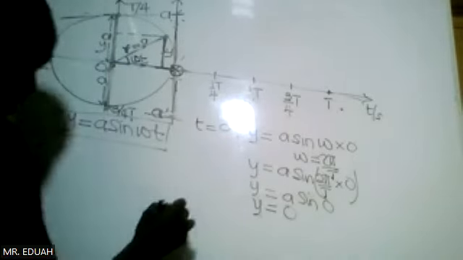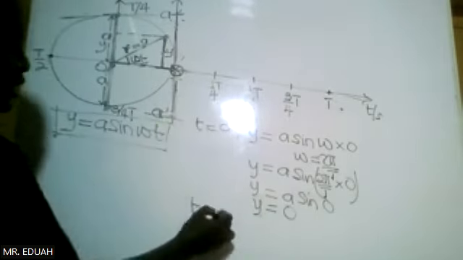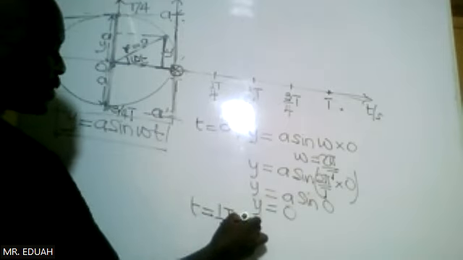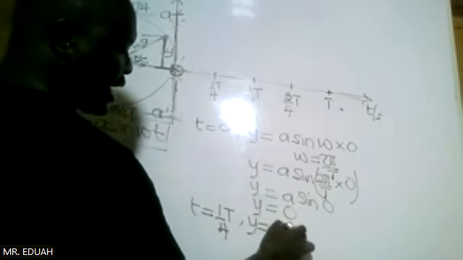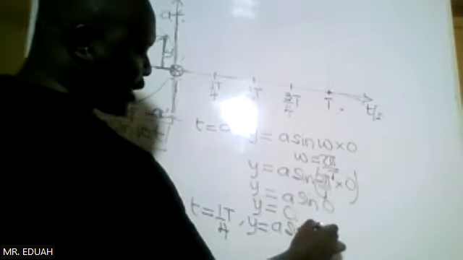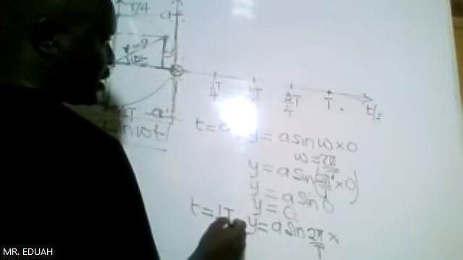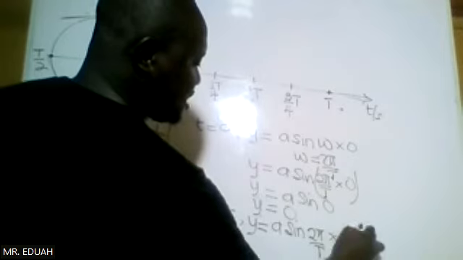At t equal to a quarter of the period, the displacement y is equal to A sine 2 pi on T times the time, t is a quarter of T. So calculate the displacement for me. I've substituted values.